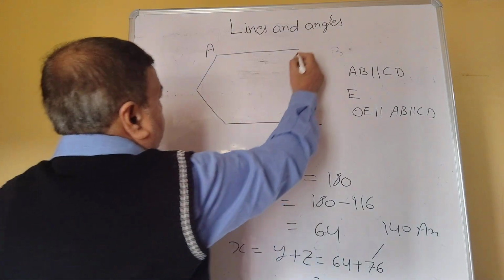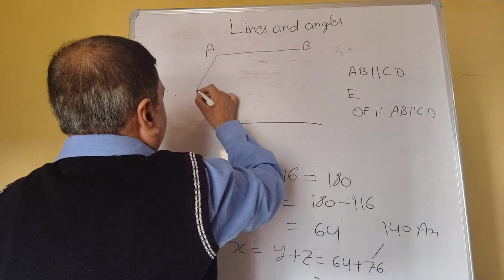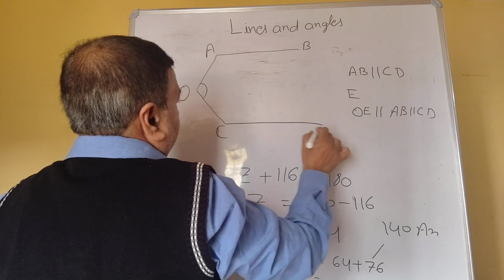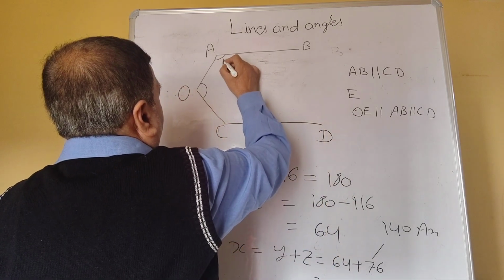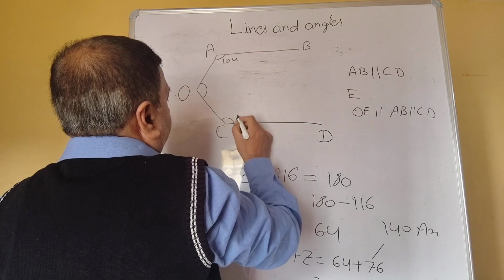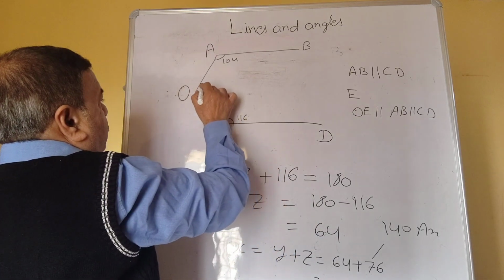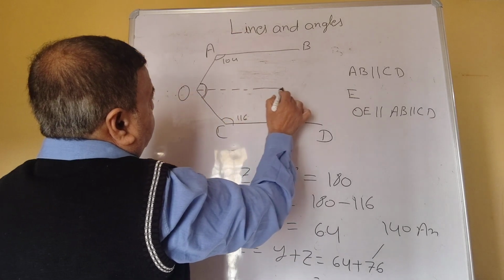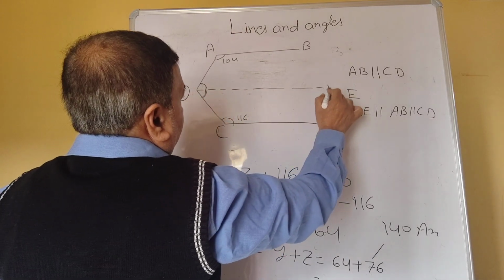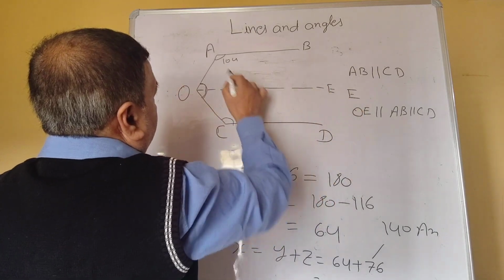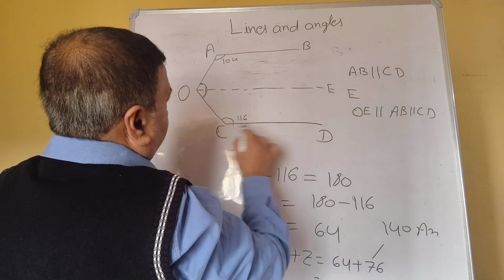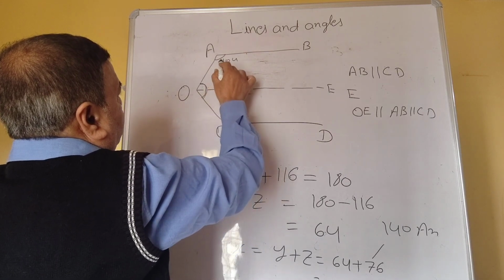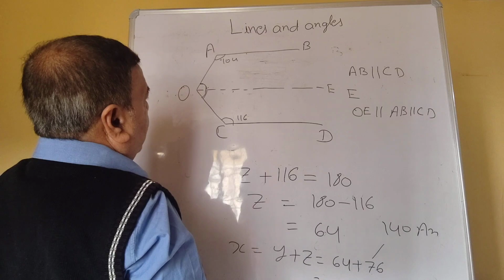Let me draw a clear picture and make you understand. The same thing, this angle has been asked, and CD, this is 104 and this is 116. I need its value. What do I do? I draw a parallel line here. This is parallel to AB. AB is parallel to OE and OE is parallel to CD. Now since AB and OE are parallel, the sum of these interior angles is 180.